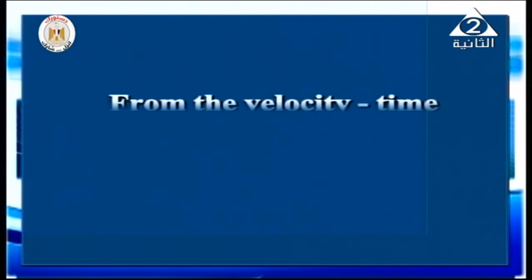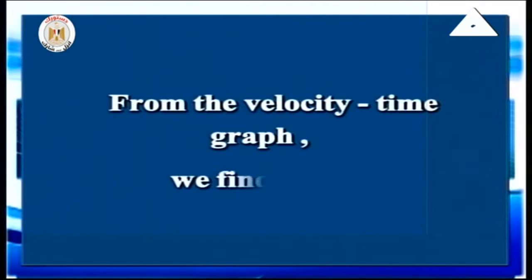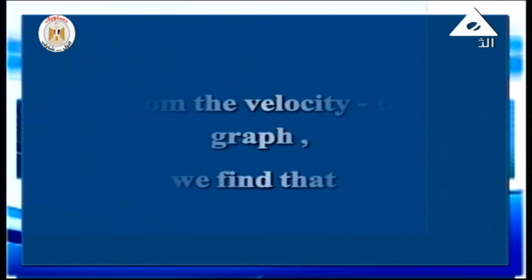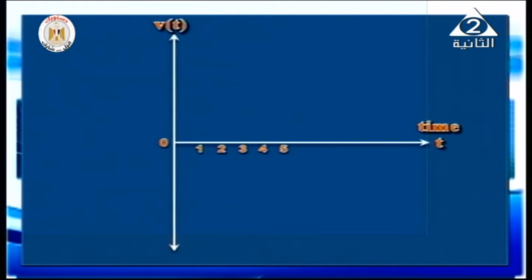From the velocity-time graph, my dear student, this is the velocity-time graph, with time from 1 to 10 and velocity up to 49. Look, we have velocity up and down.